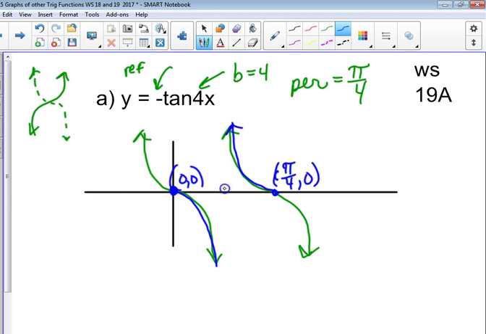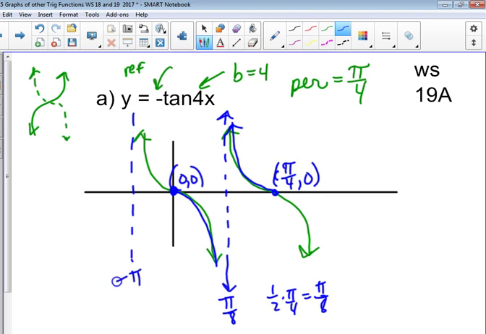Now, if you don't have to draw it that way, you could go this way, I don't care. But what's this ordered pair, or this asymptote halfway to pi over 4? 1/2 of pi over 4 would be pi over 8. So where is there another one over here? Negative pi over 8.